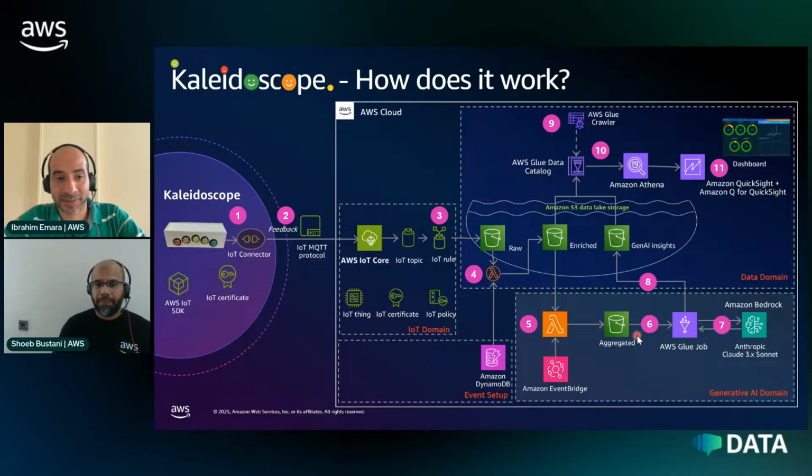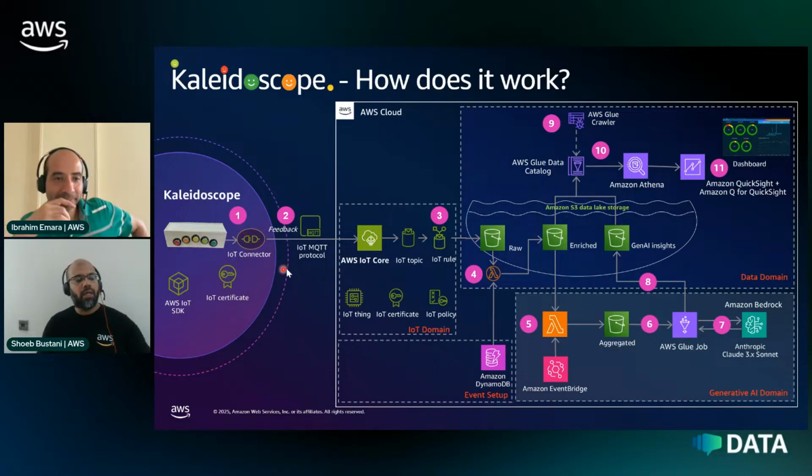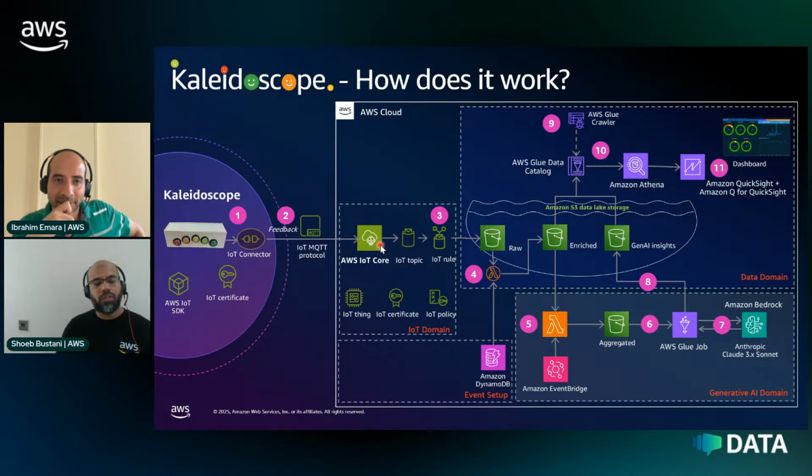Okay, so this is what it looks like in terms of overall architecture. And just to repeat myself very quickly before we go to the demo: you have a device. When you click on the device, it sends a JSON message over the MQTT protocol to AWS IoT Core, which invokes the right topic, which is underlined by another IoT rule, which routes the message to the raw bucket, or raw part of the data lake.